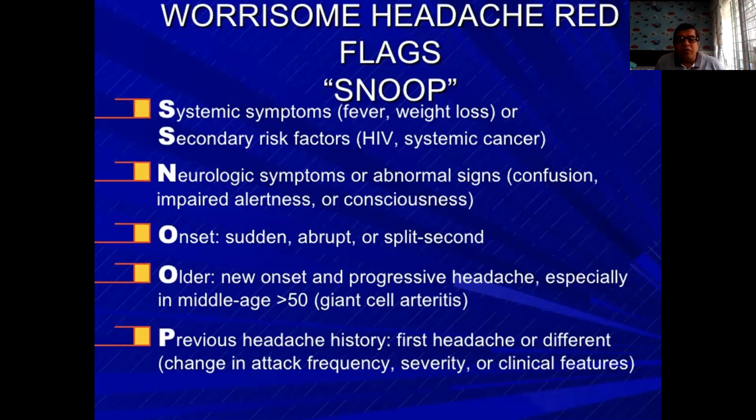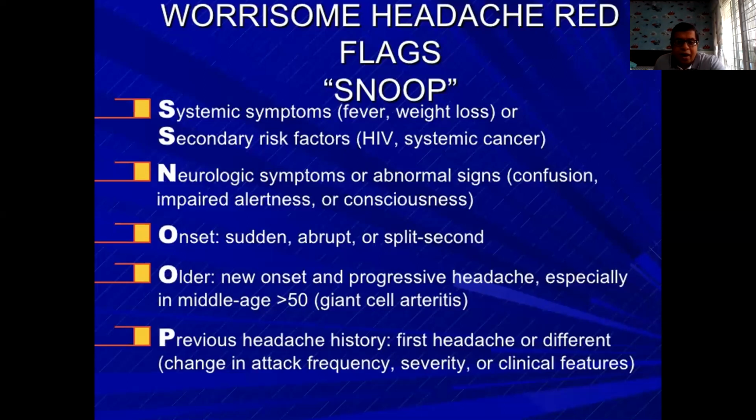So systemic symptoms like fever, weight loss, or secondary risk factors like hypertension, HIV or systemic malignancies. If the patient has neurological symptoms or signs like impaired consciousness, focal deficits or confusion, we know that you're looking at something which is serious.